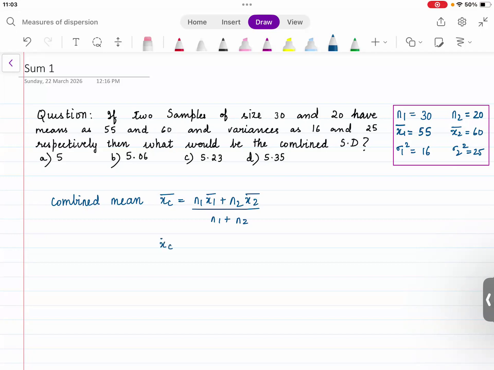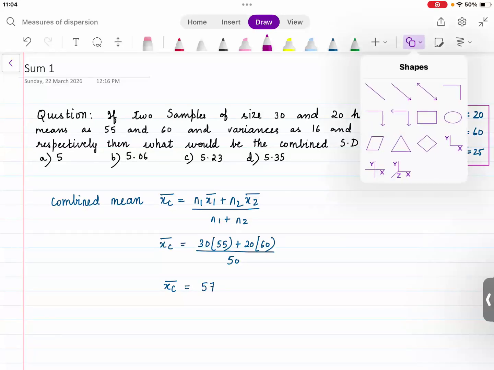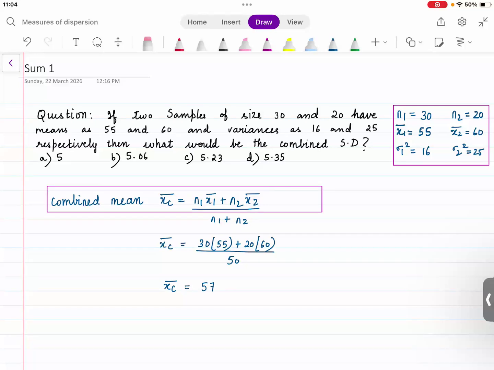So xc bar is equal to n1 30 into 55 plus n2 into x2 bar, which is 20 into 60 divided by n1 plus n2, 30 plus 20, which is 50. So calculate this value. What are you getting? Are you getting 57? Yes. So this is step 1 where we have calculated the combined mean.